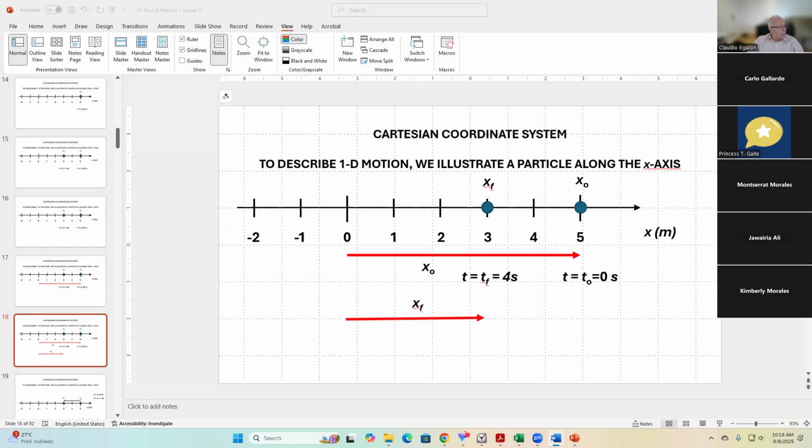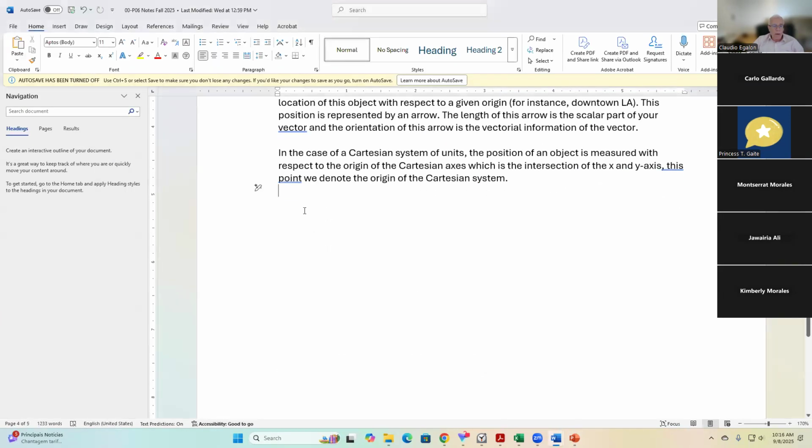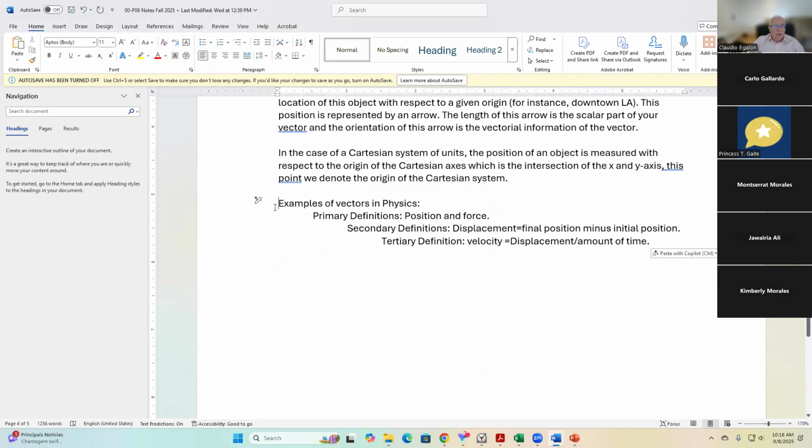So I'm going to document what I mentioned right here. Other examples of vectors in physics. And by definition, you already know that we have the position, the force.